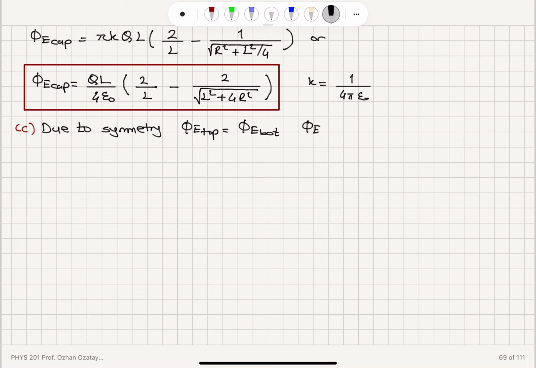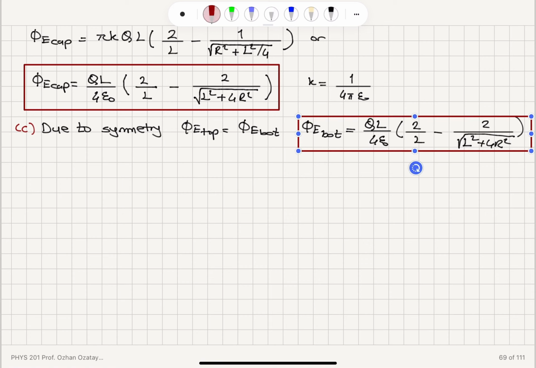Flux through the bottom is also equal to Q L over 4 epsilon 0, 2 over L minus 2 over square root of L squared plus 4R squared. The same answer.